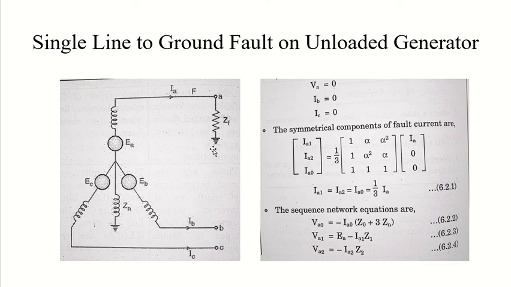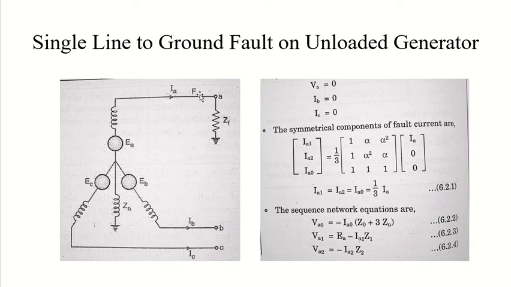What you can see here is a solidly grounded unloaded generator. You can see EA, EB, and EC, which means this is a generator, and we have a fault on the A phase. We will call this point F, which also happens to be my fault point.